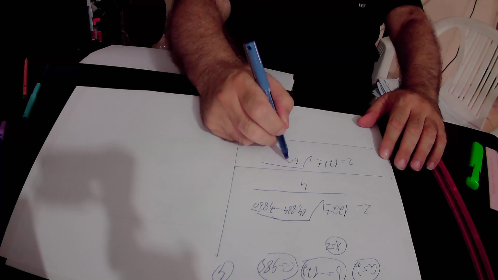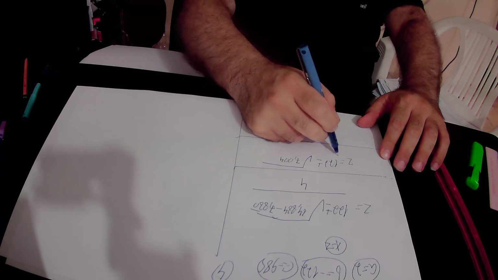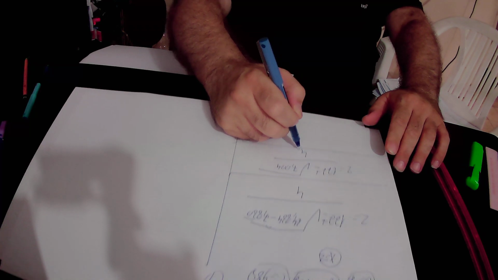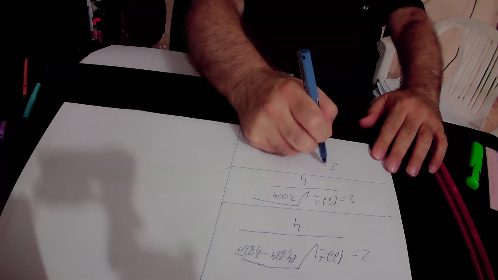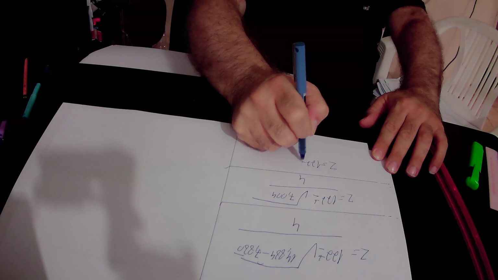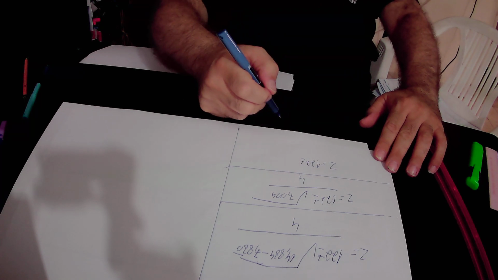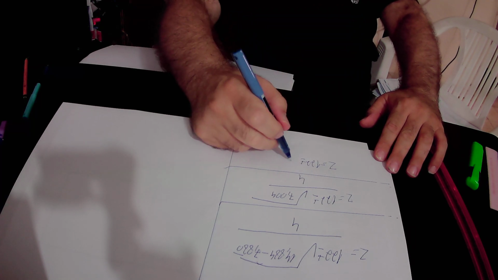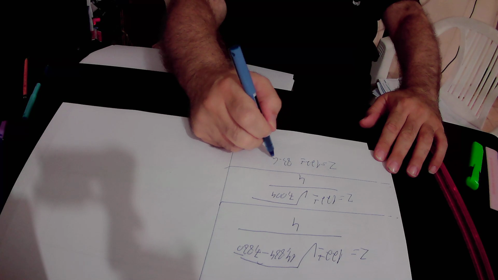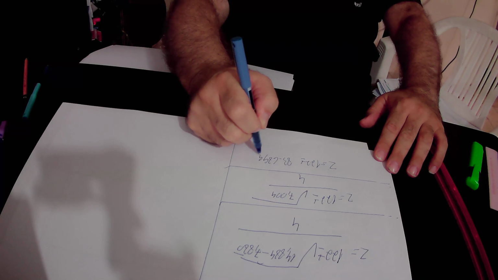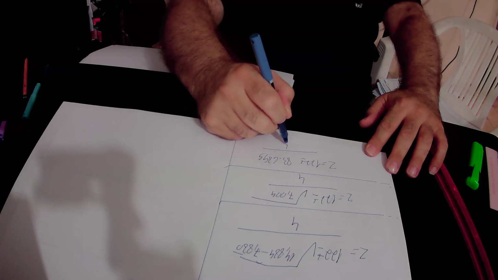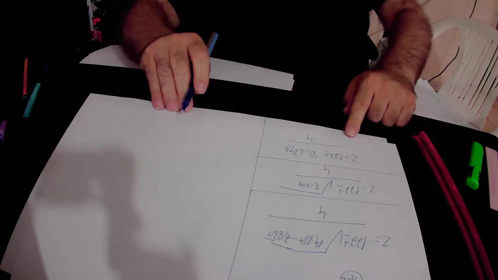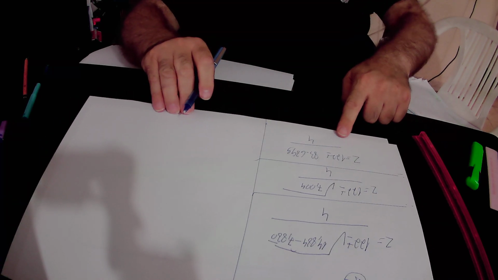So inside the root we are left only with 7,004, over 4. So z equals 122 plus or minus the square root of 7,004, which is 83.6899, divided by 4. So here we will have two possible solutions for z.